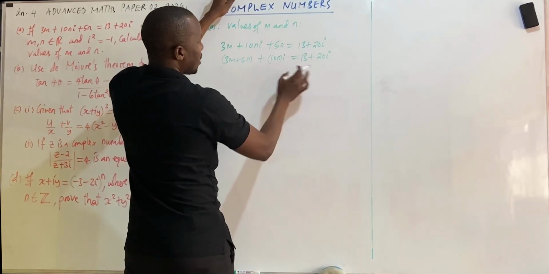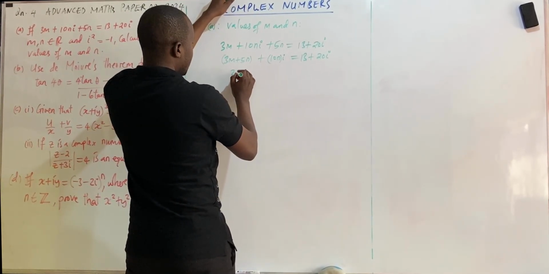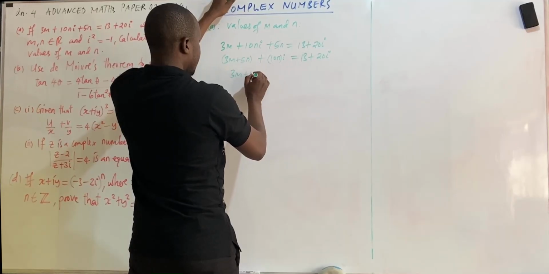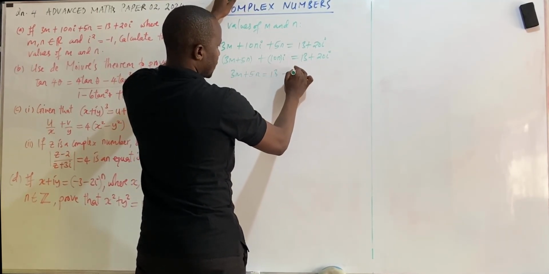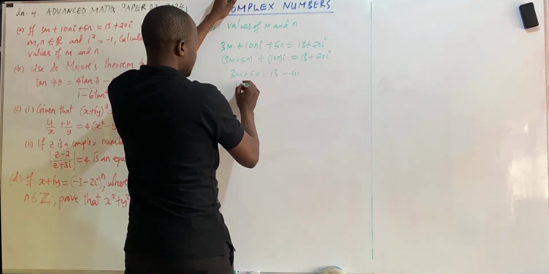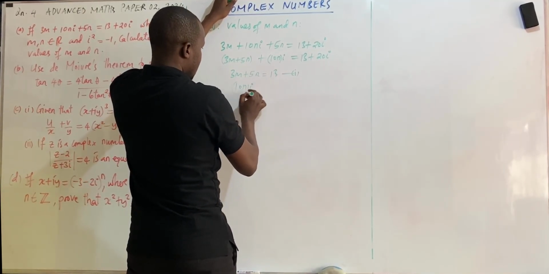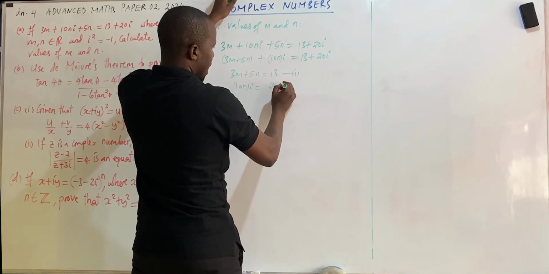Because the two are complex numbers, we compare. We equate the real parts: 3m + 5n = 13. That's equation 1. Then 10ni = 20i.